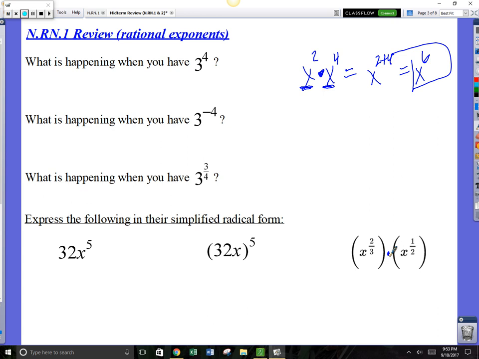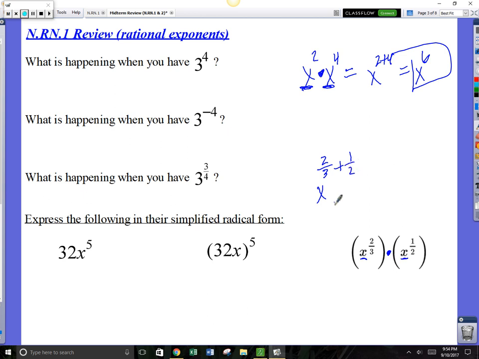So anytime that we are multiplying powers with the same base, since this is an x and this is the x, they're the same base, I'm going to add the exponents. So let's go up here. Let's go x to the 2/3 plus 1/2.